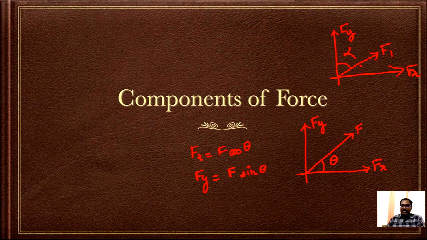Please convert such that you take this angle into account. So again let it be theta 1, which means theta 1 is equal to 90 minus alpha. Here again it will be the same concept. Fx is equal to F1 cos theta 1 and Fy is equal to F1 sin theta 1.